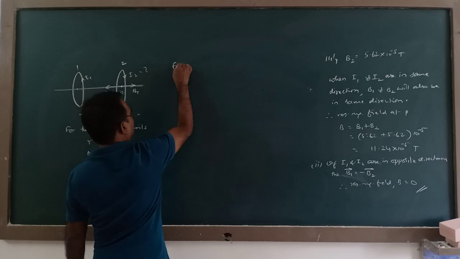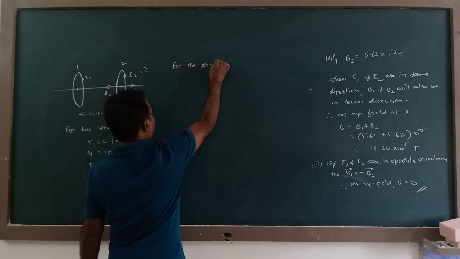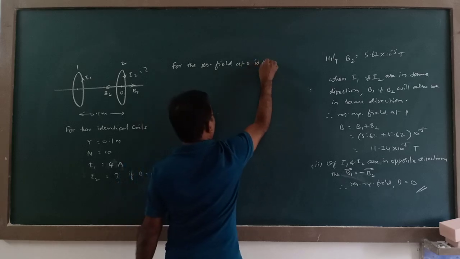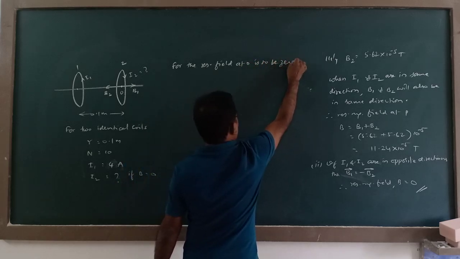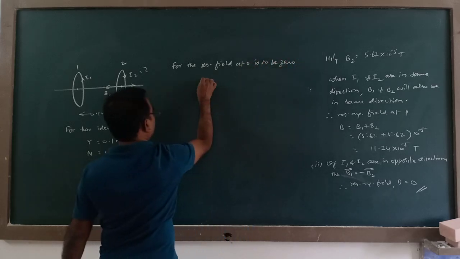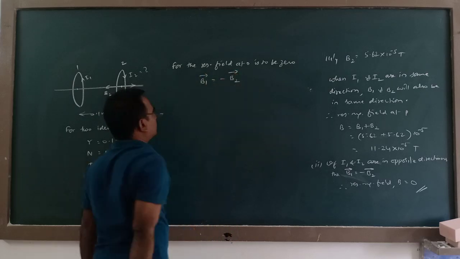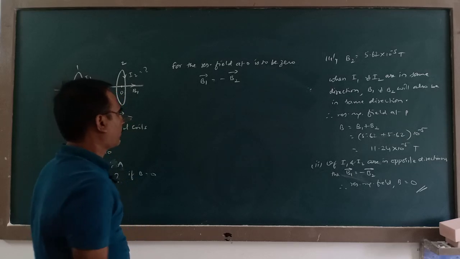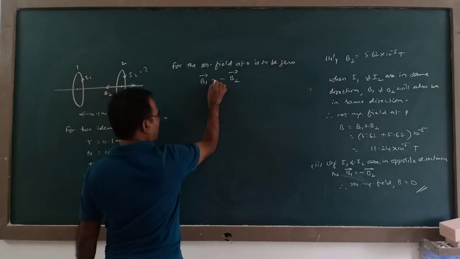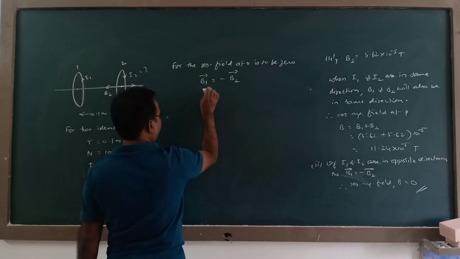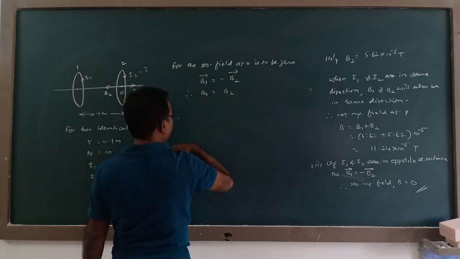So, for the resultant field at O to be 0, B1 should become equal to minus B2. So the magnitude of field due to one coil should be equal and opposite to that of the other. Therefore, B1 should become equal to B2.